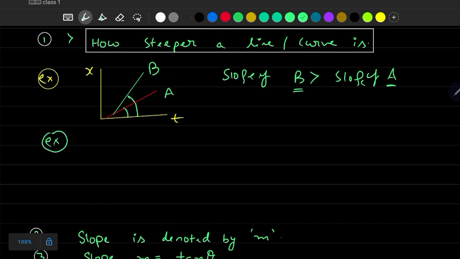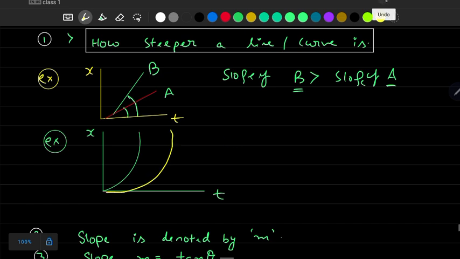Let's see one more example. Again we have an xt graph like this and we have two curves. One curve is like this and the other curve, let's draw it in blue color. You can see this green curve and blue curve, which curve is steeper?